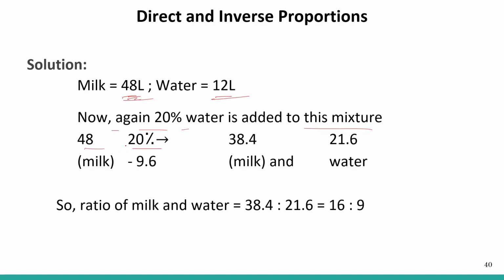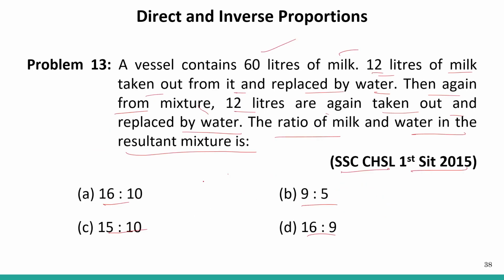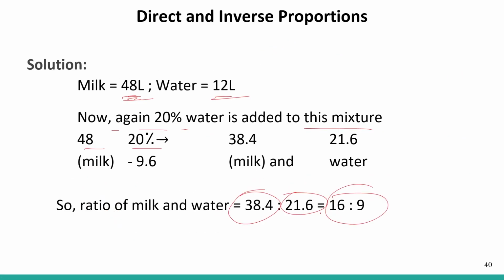So 20% of 48 is equal to 9.6, so the milk is 38.4 and 21.6 is now the water. So the ratio of milk and water is equal to 38.4 is to 21.6, that is 16 is to 9. So 16 is to 9 is the correct answer, and 9 is to 5 and 15 is to 10 are wrong answers. This is the only correct answer.